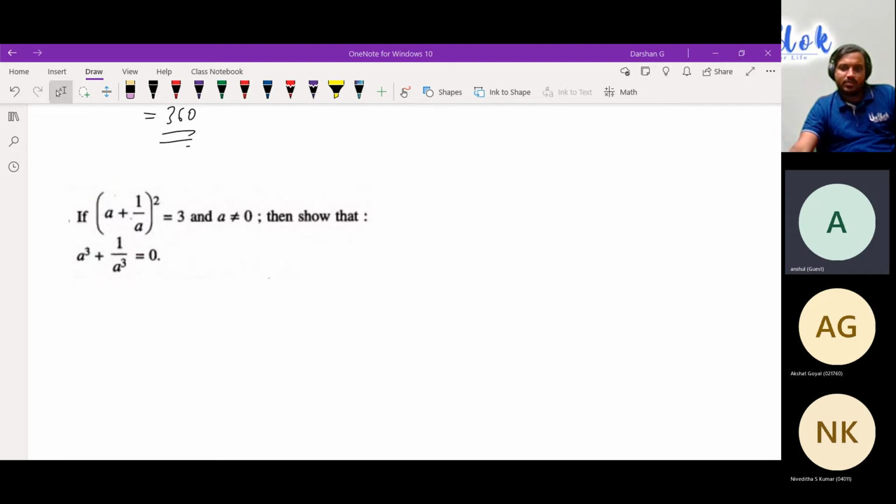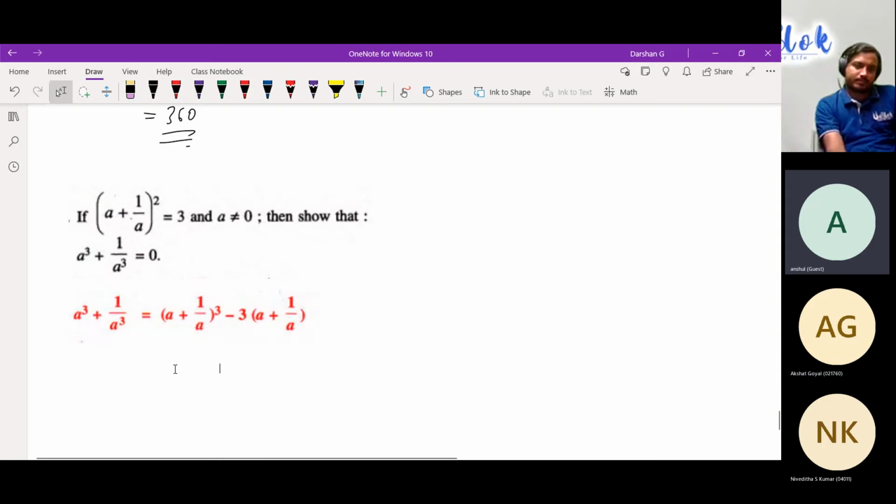You can directly use the formula if you know it. If you don't know, don't shy away from expanding, and use both formulas and then try to do it. So this is the formula.